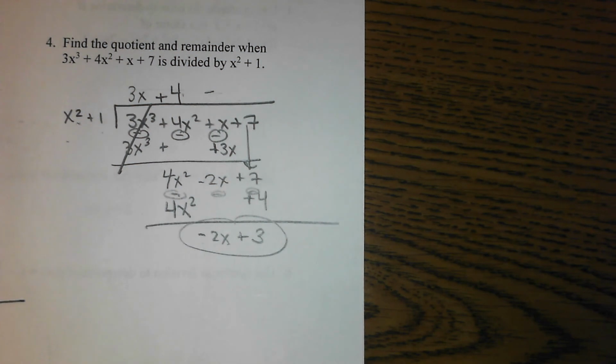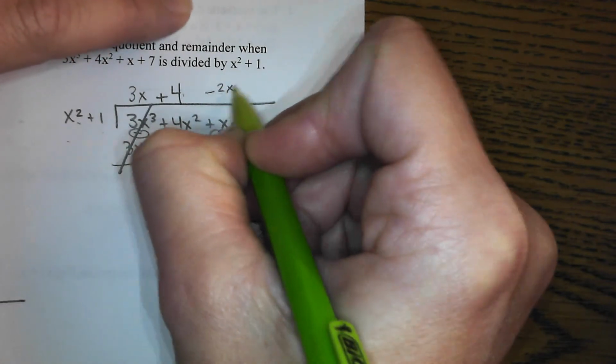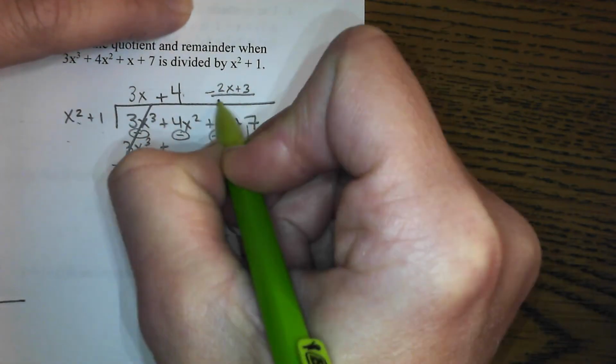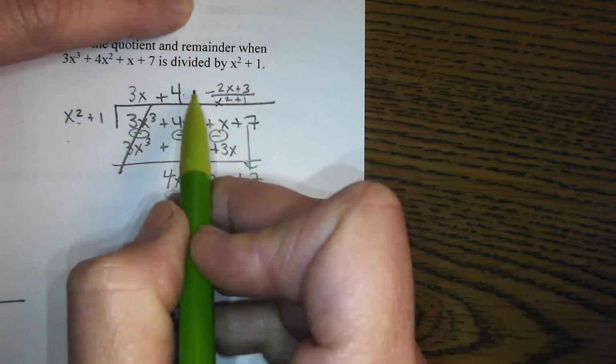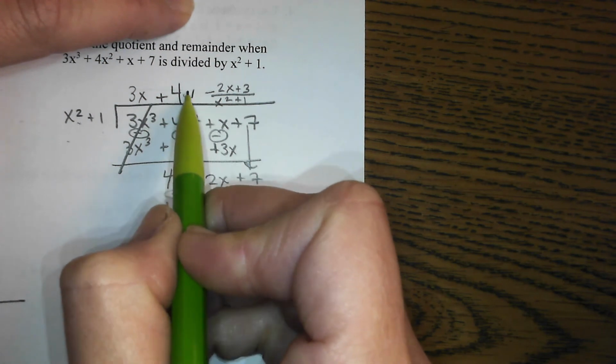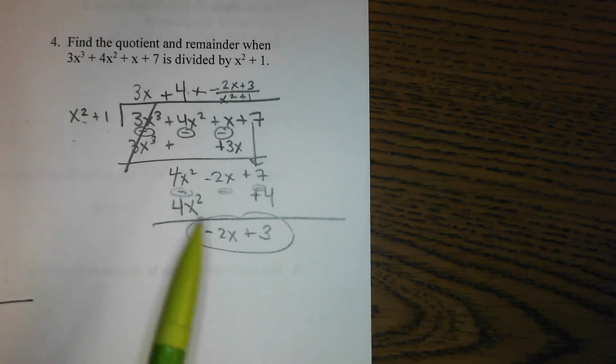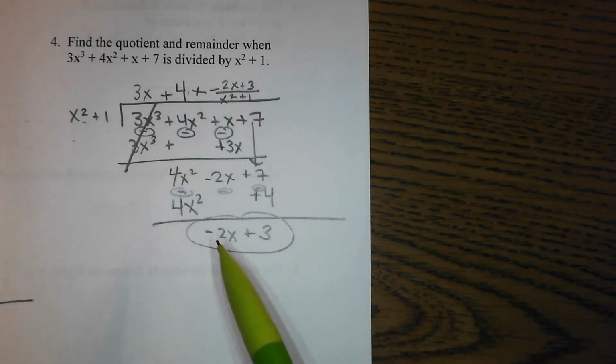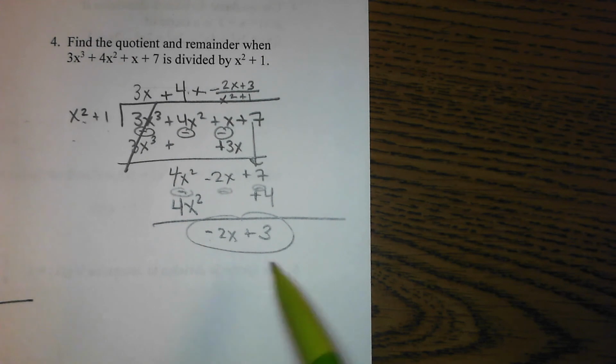So here's a good question. How do I write this? With what sign? Okay. So make sure you do that. That is correct. Normally if we have a negative remainder, like if it was a negative 5, you probably would just do minus 5 over.